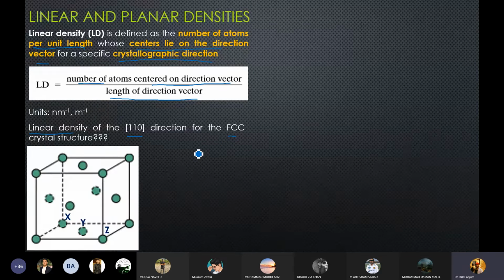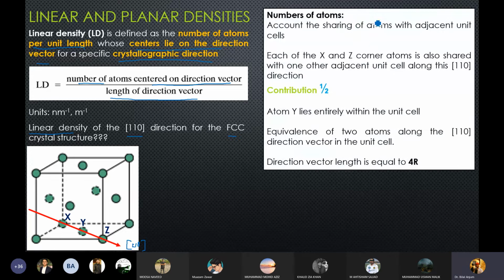If you have this FCC crystal structure, the 110 direction is this direction. This is the 110 direction with X as the origin. And you have to find the number of atoms sitting on this direction in this unit cell divided by the length of the line. So accounting for the sharing of atoms with adjacent unit cells, X and Z are being shared by two unit cells along the same direction.